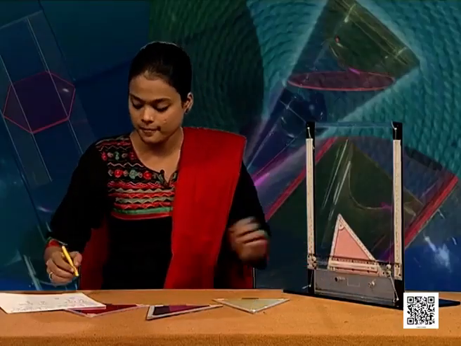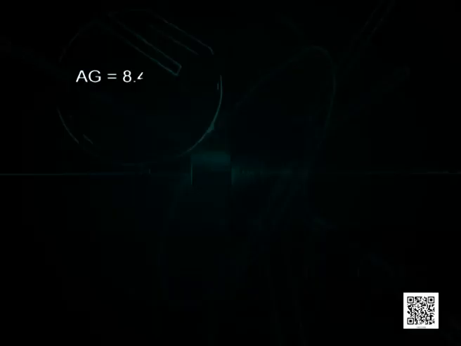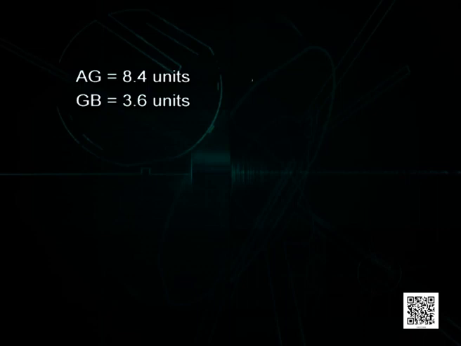On measuring AG, we can see that AG is coming out to be 8.4 units and GB is 3.6 units. Similarly, AH is coming out to be 12.6 units and HC is 5.4 units.